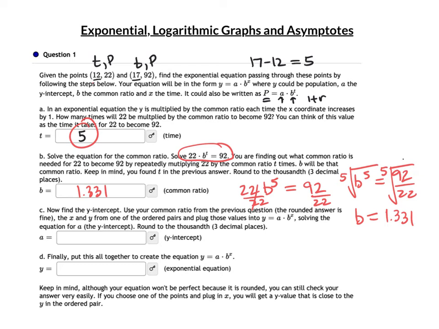Now, we know the equation so far is y equals a times 1.331 to the power of x. All we need to do is go to one of our points and plug in an x and a y. This becomes 22 equals a times 1.331 to the power of 12.